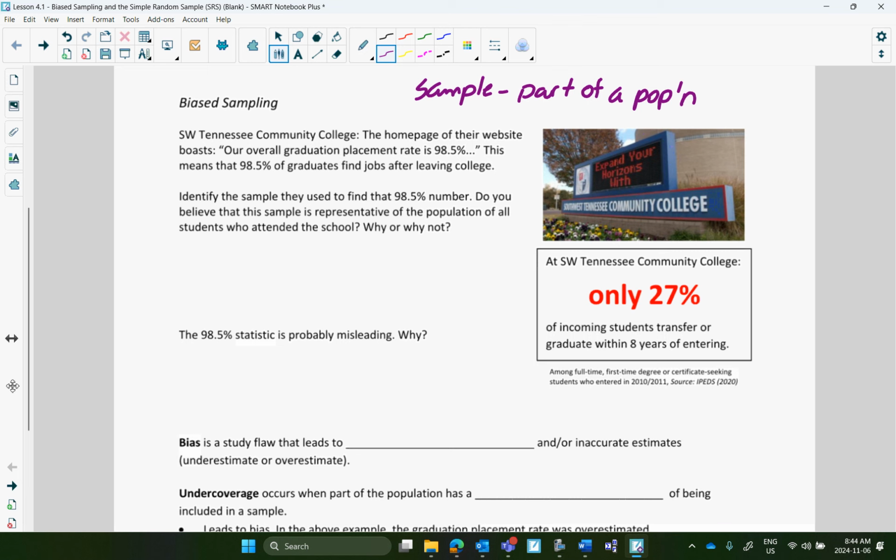But doesn't it say specifically only for graduates? What's that? But it doesn't say that the graduates found jobs after... non-graduates. Right. Which means that it's probably not representative of the population. So the sample in this case were people who graduated.